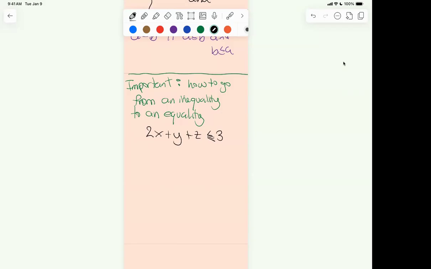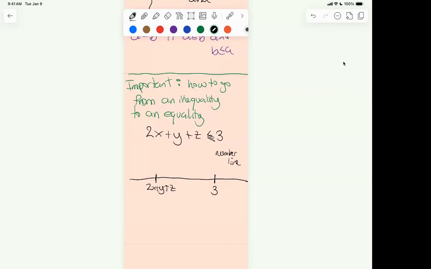So imagine drawing on the number line 3 and 2x plus y plus z. The fact that one is less or equal to the other just means geometrically on the number line that 2x plus y plus z is to the left of 3. That's what it means to be less or equal to. Okay, so far so good.